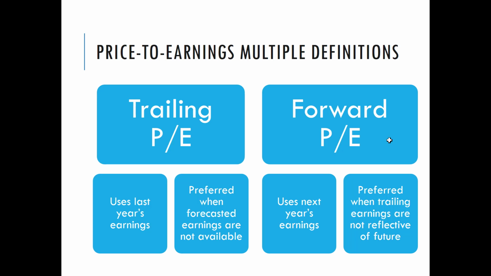So generally speaking, you want to use forward multiples whenever you can. If you don't have the information, then you might need to use a trailing multiple. And again, sometimes it's going to make a difference, sometimes it's not.